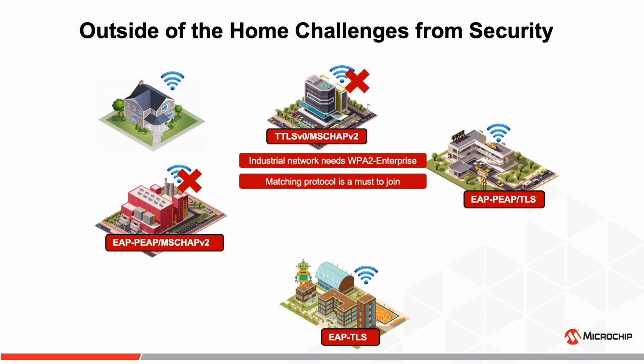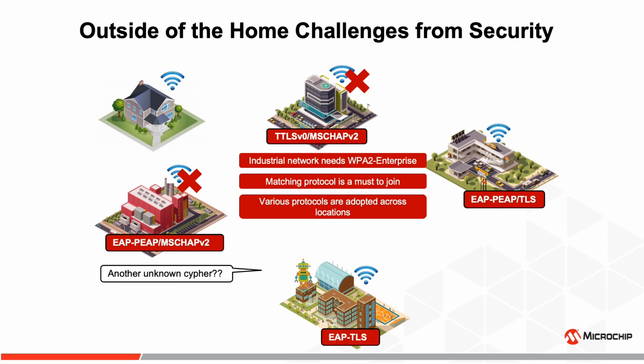And now there's yet another one called EAP-TLS. So at this point, you're seeing that at these different locations, there are different ciphers that have been deployed. And so the station has to be, call it, multilingual. It has to be able to understand the ciphers at each location and authenticate against those.